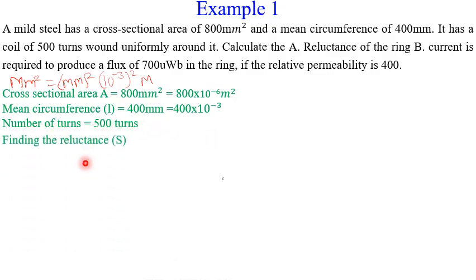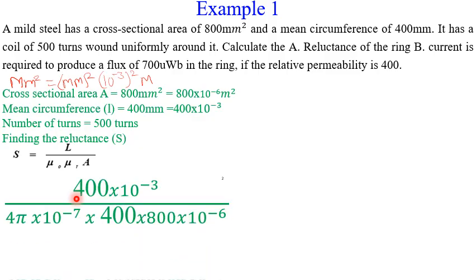Then the first thing we need to do is find the reluctance, and this is a formula work. They've already given us the formula for reluctance: S equals the length over mu naught mu r multiplied by the area. Mu naught is a constant value, mu r is the 400 that was given to us, and the length and area are given to us, so we just have to substitute everything back into the formula.